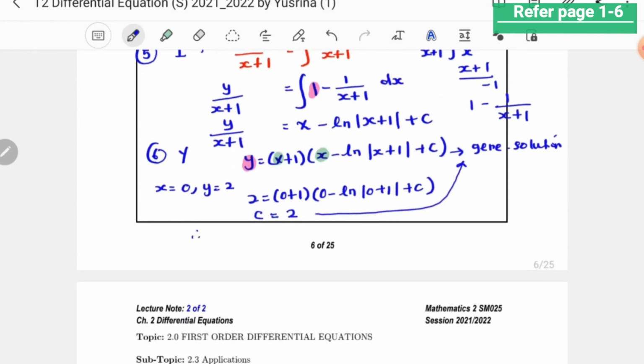The last step: y equals (x plus 1) multiplied by (x minus ln(x plus 1) plus 2). This we call the particular solution.